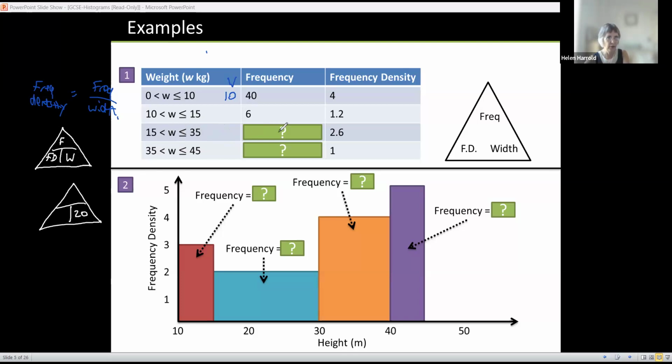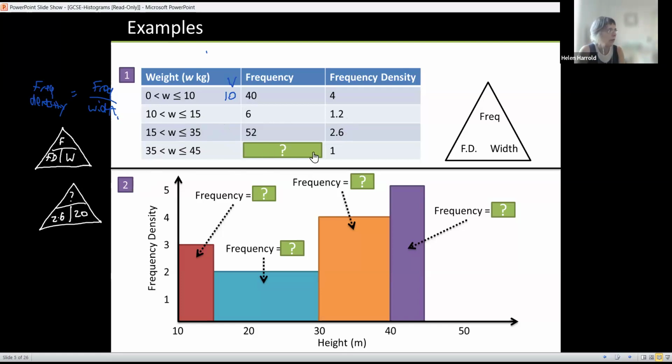The frequency, I don't know, that's what I'm trying to figure out. But I've got the frequency density, which is 2.6. Because they're next to each other, the point of this triangle is I multiply those two things together, and that will give me the frequency, which will be 52.